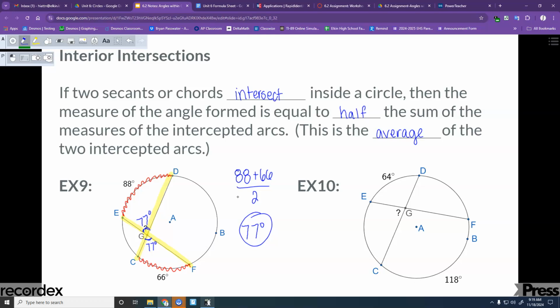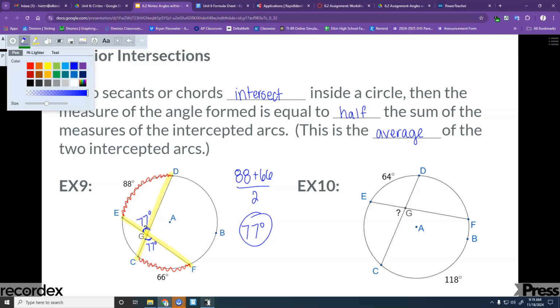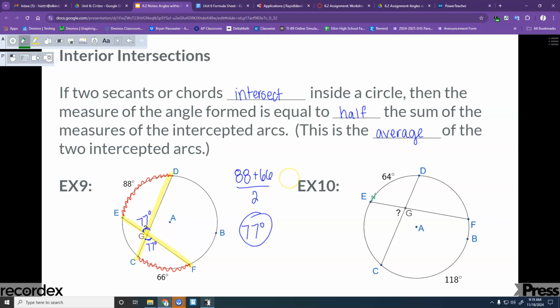All right, now the second one is a little bit tougher because they give us 64 and 118. If we find the average of those two numbers, we'll be finding this angle and this angle right here. They didn't ask us for that; they asked us for angle EGC over here.